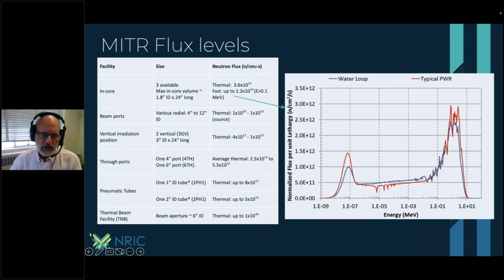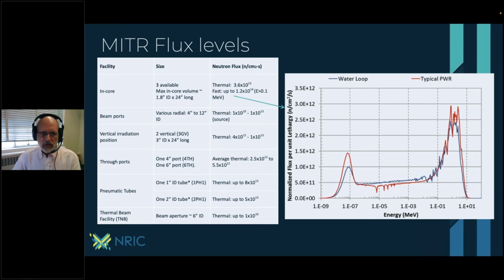You can see some of our other positions listed there and the fluxes. And again, you'll notice that our fluxes are considerably less than in ATR and HFIR. But they are sufficient, combined with our relatively long operating cycles, to get up to DPA levels of damage in a variety of materials in a year.